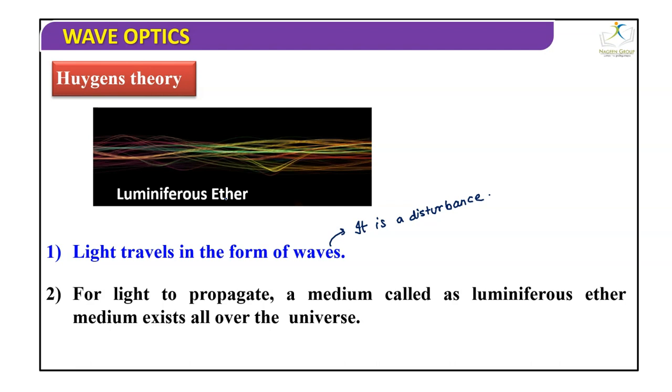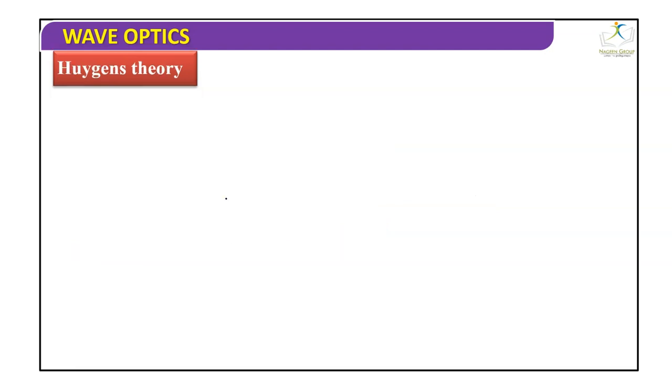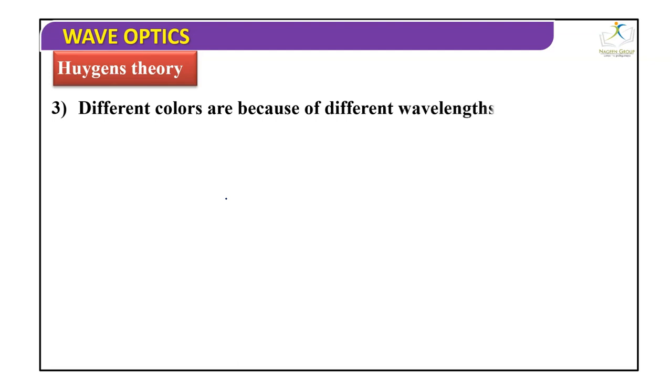So the complete universe is considered to be covered by a particular medium, which we call simply ether. But some consequences occurred, and because of that we know whether ether exists or not.